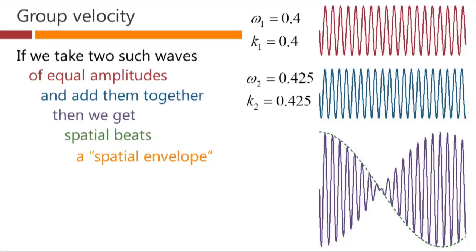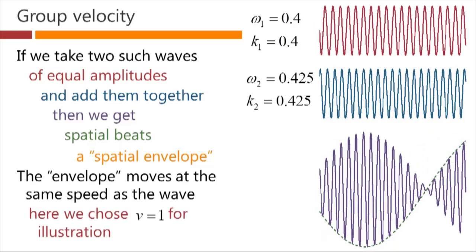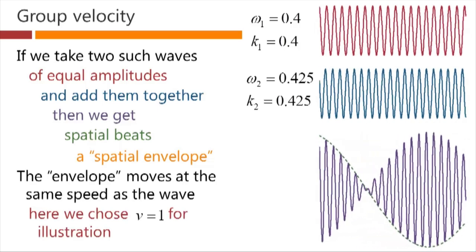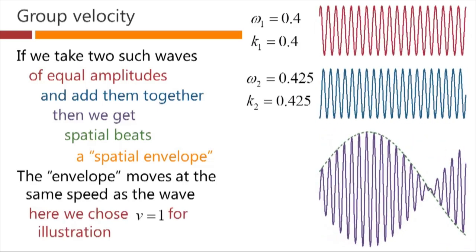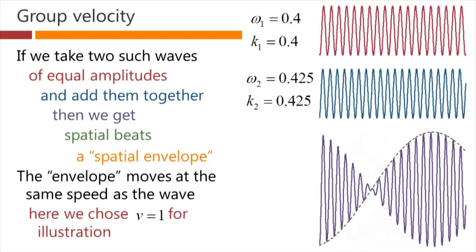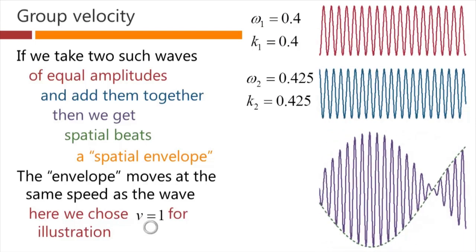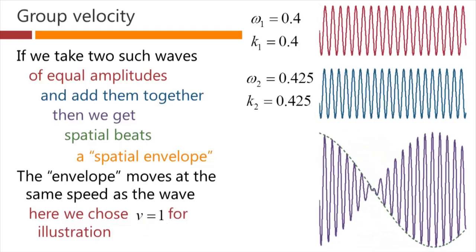And you'll see that the purple one fits under a kind of envelope that is given by this sketched green line here, the dashed green line. And this envelope moves forward at the same speed as the wave. And we've chosen a velocity v equals 1 for illustration here.